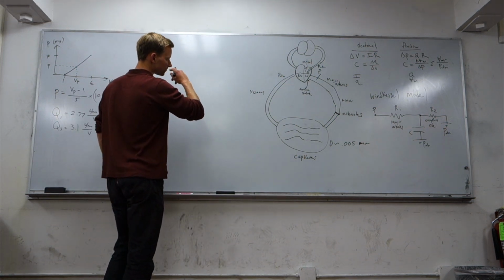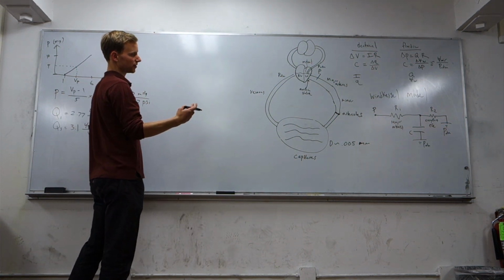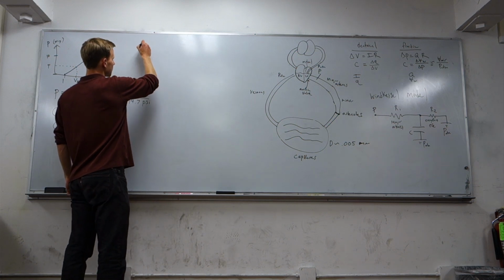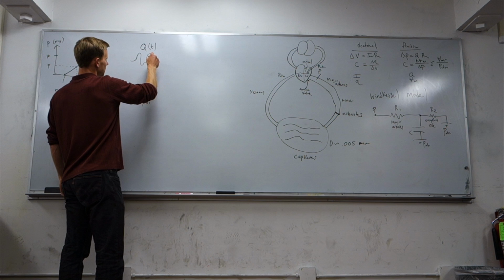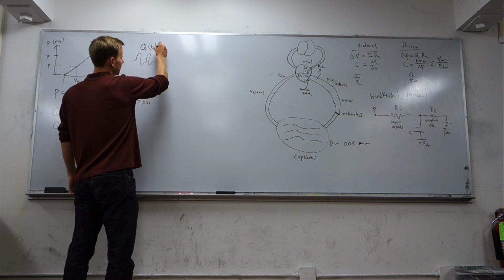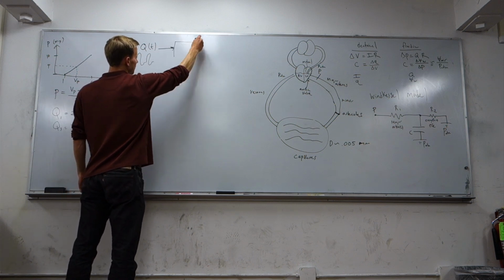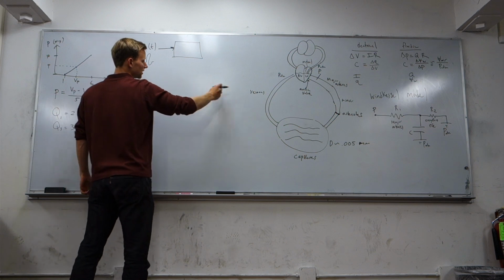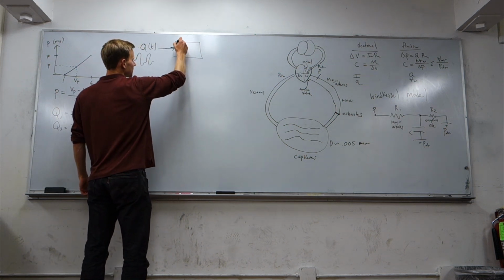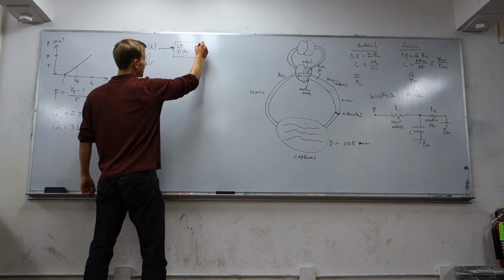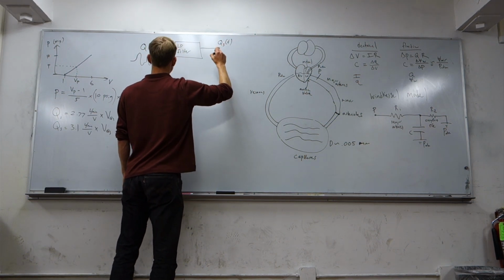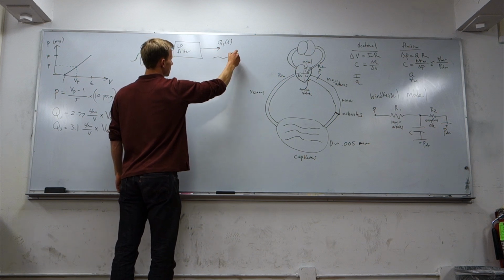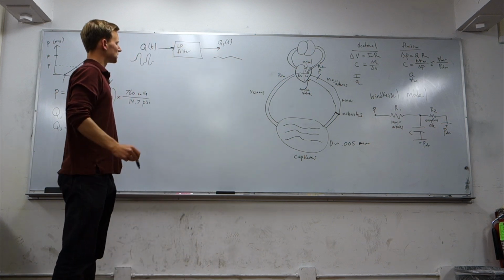And in particular, this is a low-pass filter because we take some Q1 as a function of time that is pulsatile and has some periodic nature to it. And we pass it through some sort of device. In this case, it's a fluidic circuit that is a low-pass filter. And we get out Q3, which is also time dependent, but much more steady state.